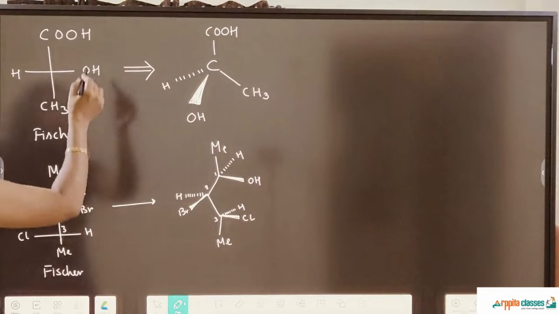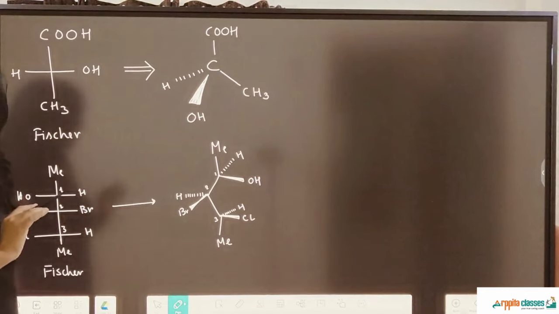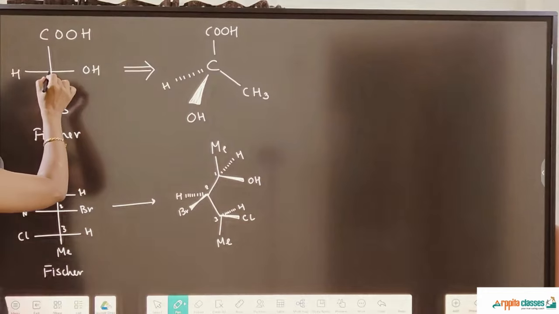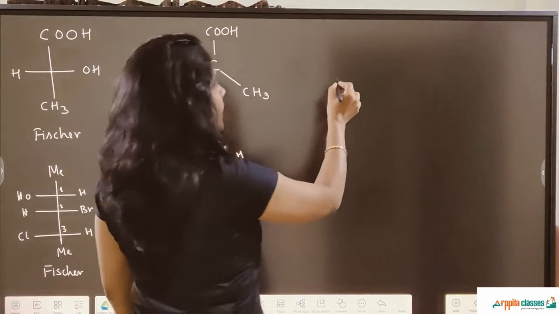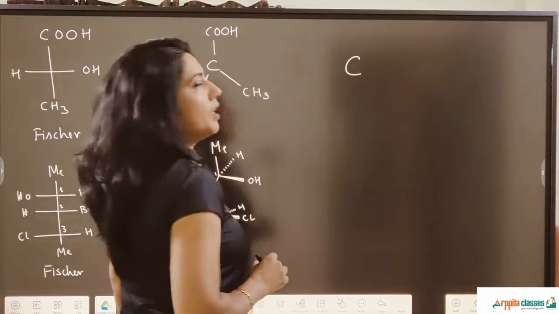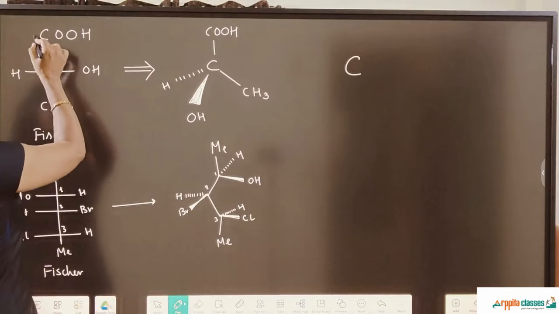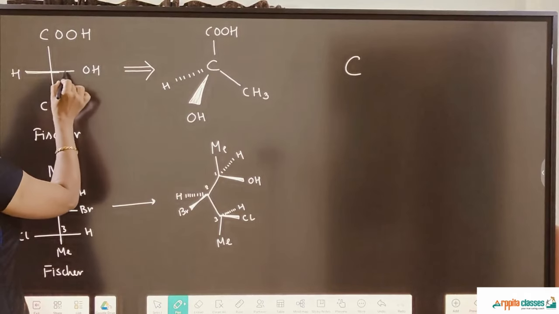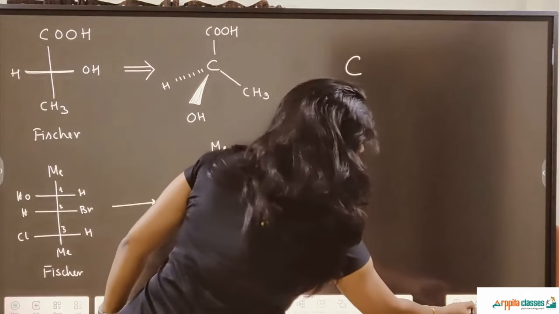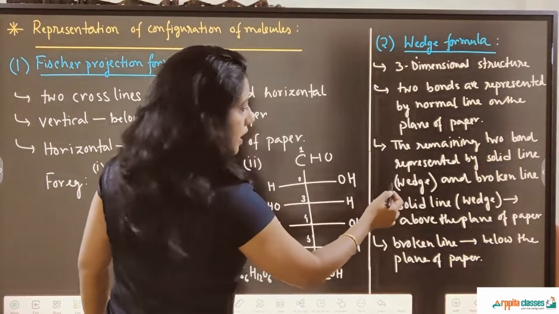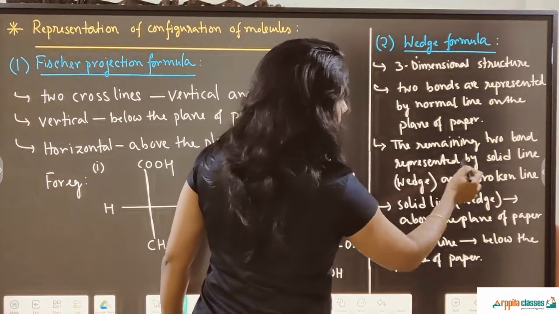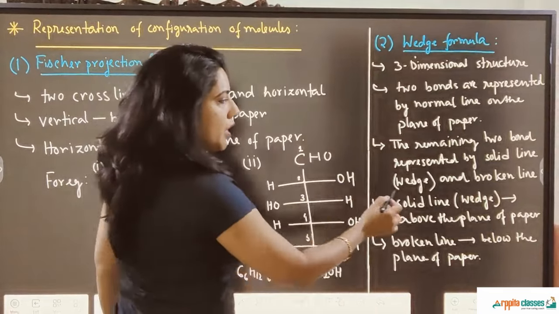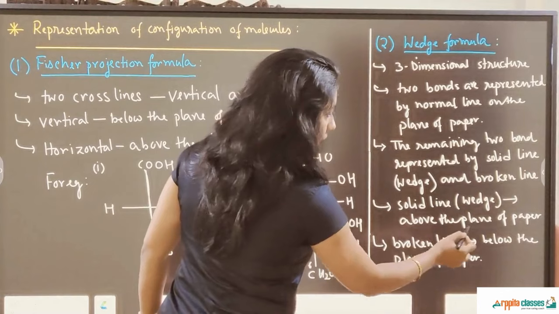See this one. This is a Fisher projection formula, which we are going to convert into the wedge formula. First we write the middle carbon. Following the rule, 2 bonds are represented by normal lines on the plane, and the remaining 2 by a solid wedge above the plane and a broken line below the plane.